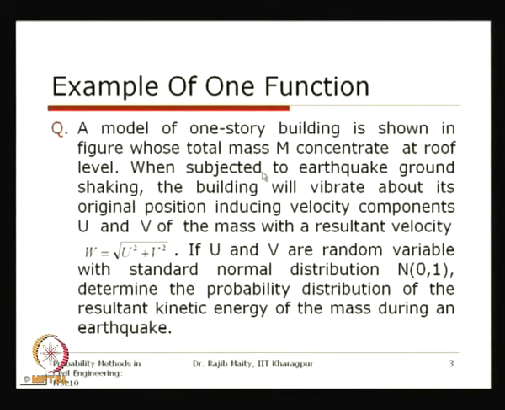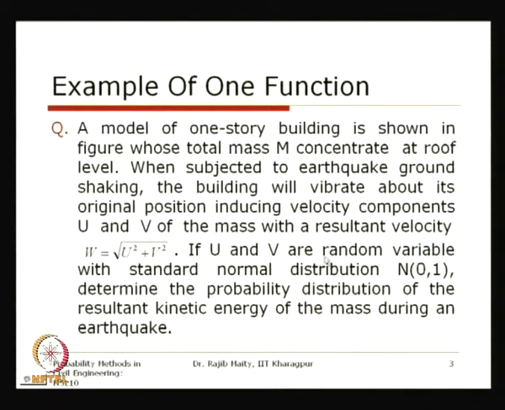When subjected to earthquake ground shaking, the building will vibrate about its original position, inducing the velocity components u and v of the mass, in two orthogonal directions. With the resultant velocity, if u and v are the velocity components in two orthogonal directions, then their resultant velocity will be denoted as w, and w is equal to the square root of u squared plus v squared.